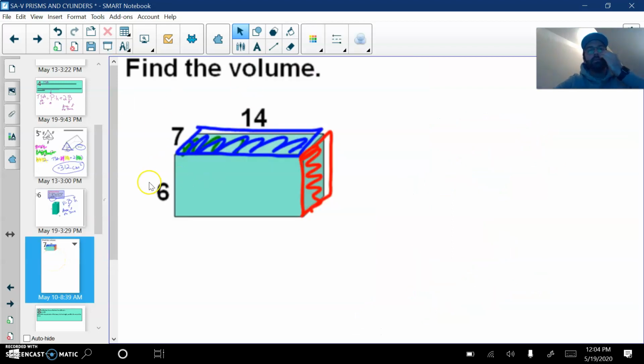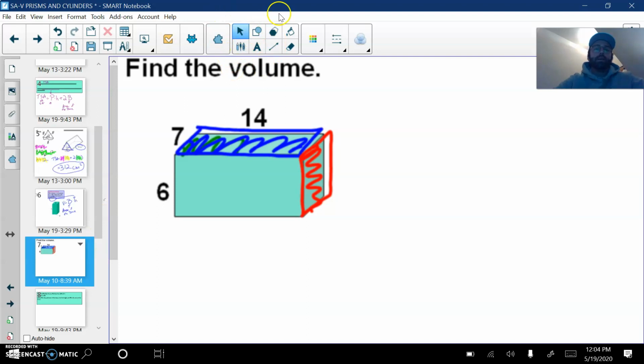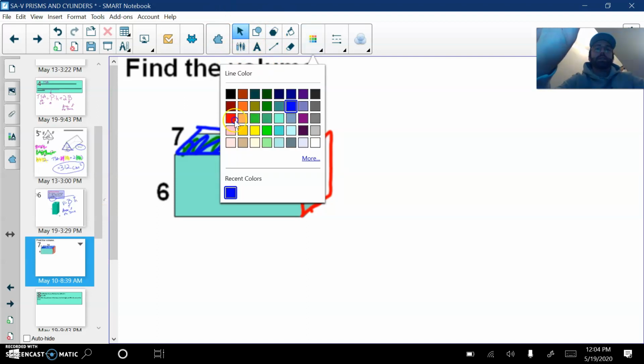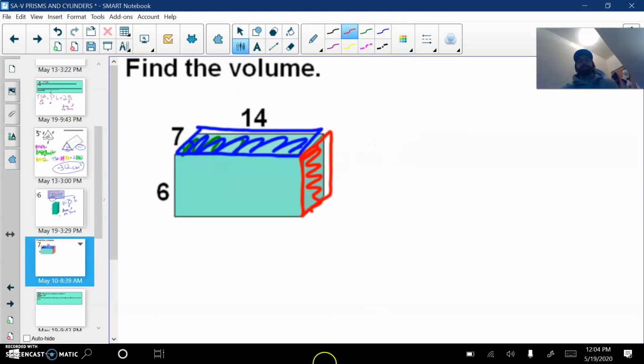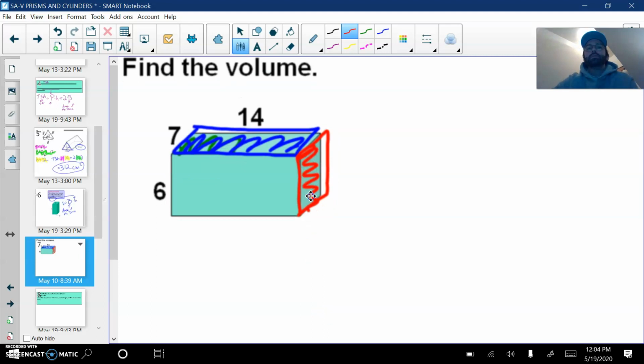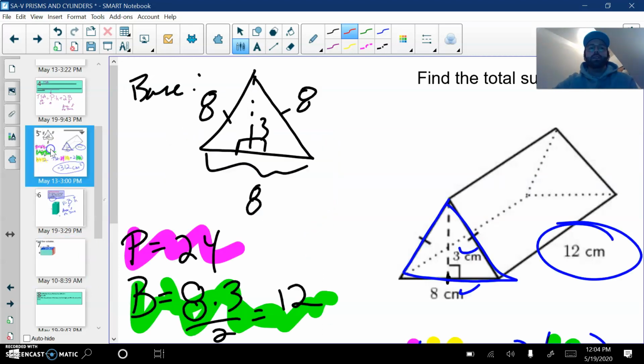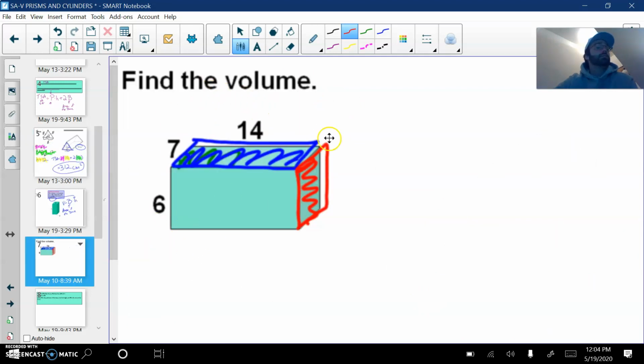Now if I want to find the volume of this shape, I want to decide which face I should call my base. Well, if it's a rectangular prism, guys, it doesn't matter. The only time it matters is if it's a unique shape. Like here, the base matters because the unique shape is a triangle. Here, it doesn't because every face is the same.